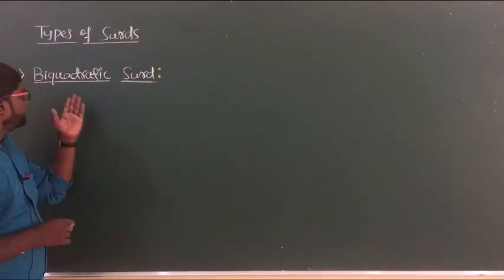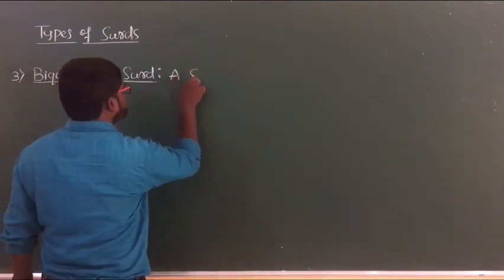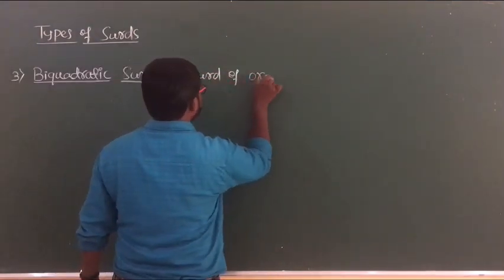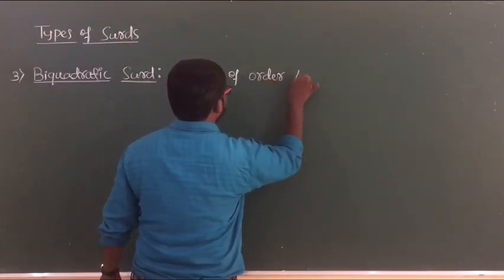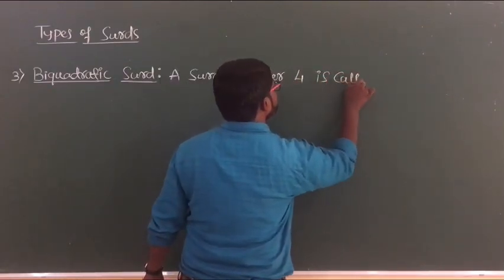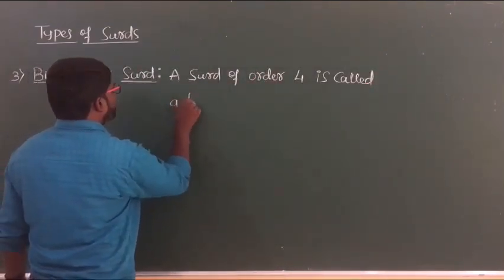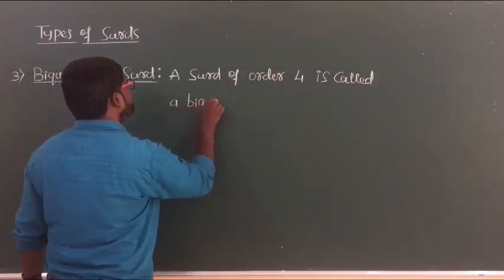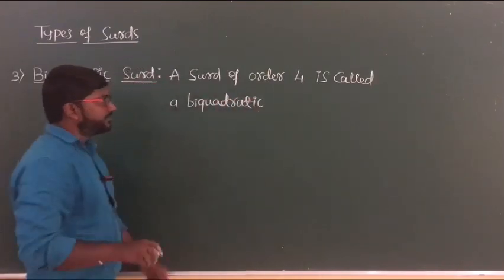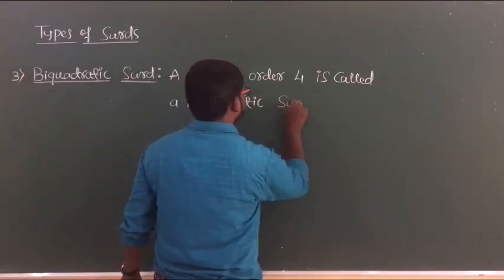The definition of biquadratic surd: a surd of order 4 is called a biquadratic surd.